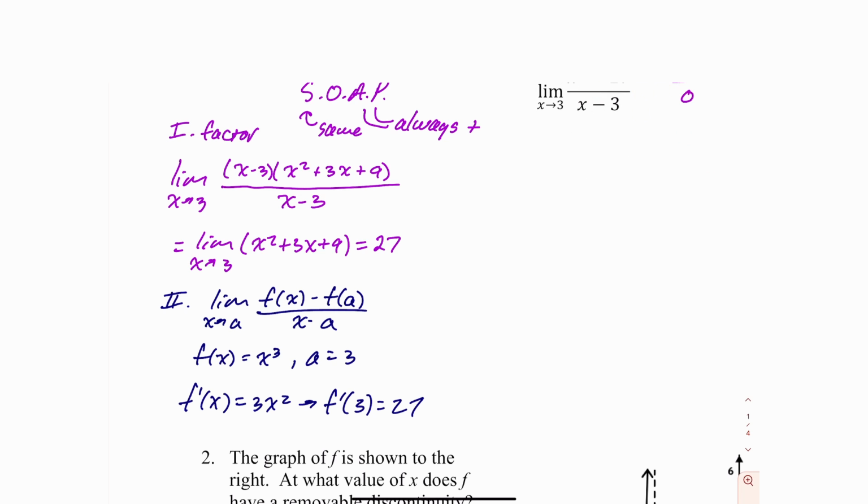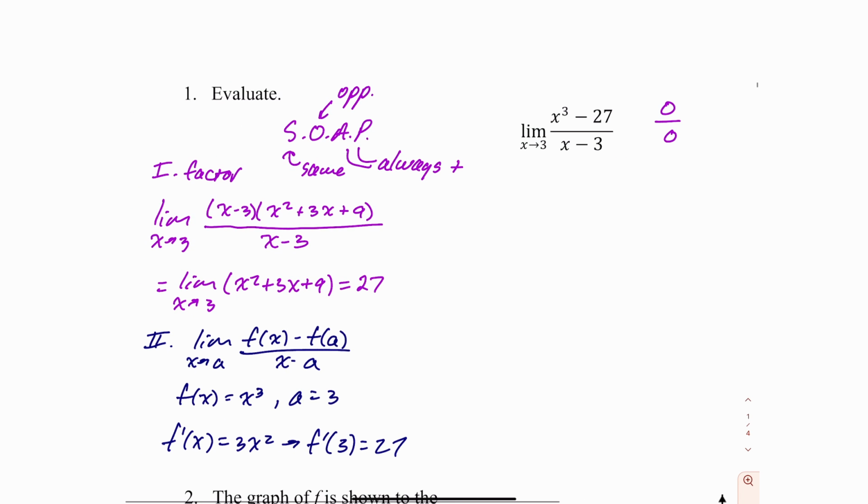And then I'm going to do it one more time. And this time, I'm going to use what I think is probably everyone's favorite approach, which is L'Hopital's rule. All right, so we already established it's 0 over 0, so I'm just going to do the limit as x approaches 3 of 3x squared, the derivative of 27 is 0, over the derivative of x is 1, the derivative of negative 3 is 0, so we just get 3 times 3 squared, which is 27.